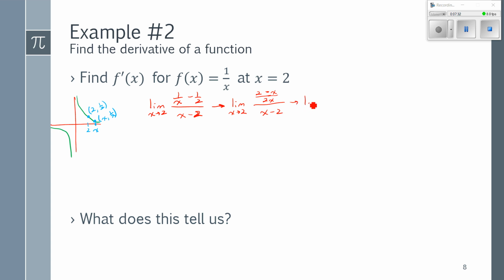So I now have a limit as x approaches 2. I've got a fraction divided by x minus 2. In other words, I'm dividing fractions, which means I'm multiplying by a reciprocal. And these look so close to canceling, but because they have opposite signs, I can't.